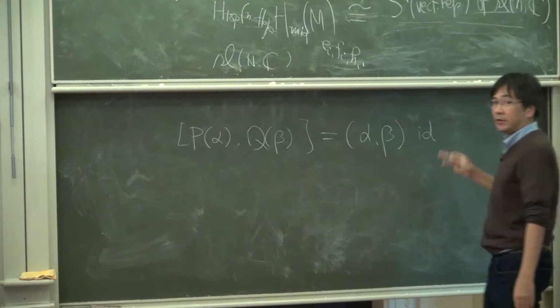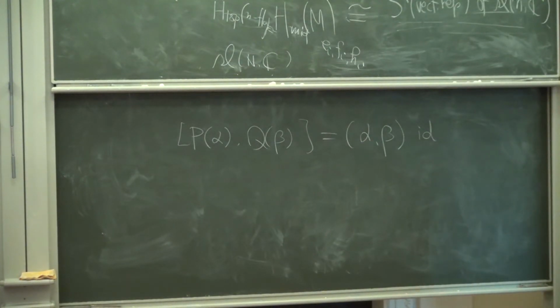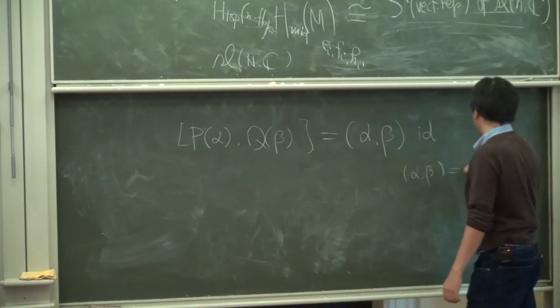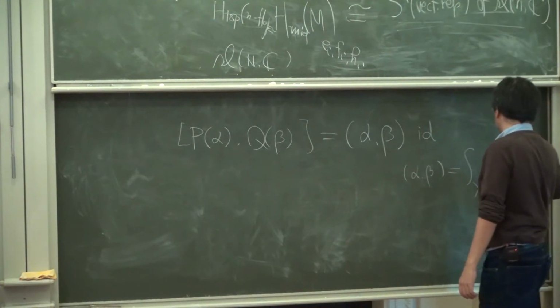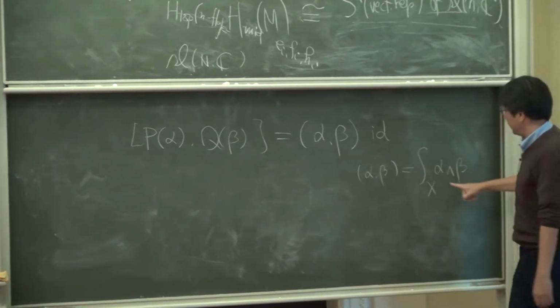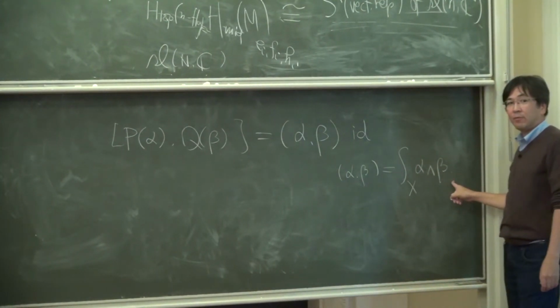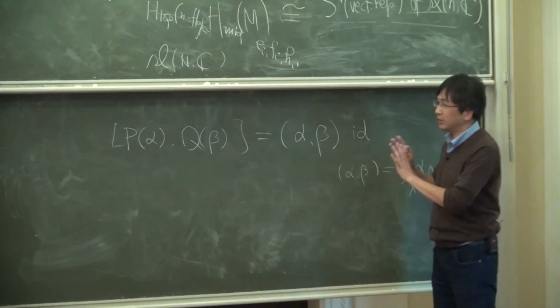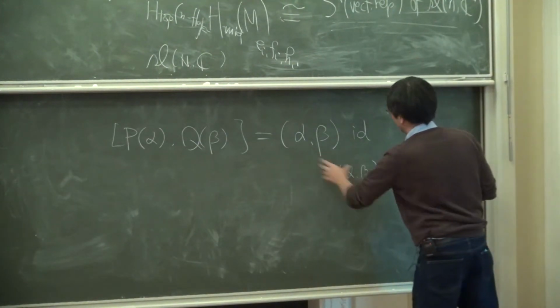It was this one. In particular, this is the intersection pairing on X. So if alpha and beta are not of complementary dimensions, then this automatically vanishes. So it's not interesting. I want to check an interesting relation.